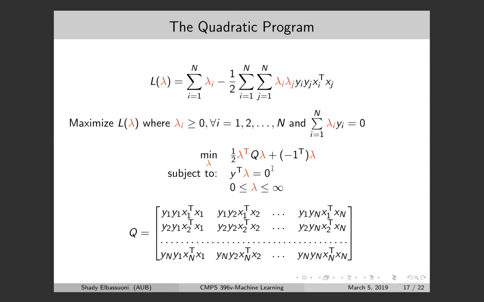Basically, y is a vector transpose, and lambda is a vector. If I multiply them, I do a dot product, that gives me summation from i equal 1 to n lambda i yi. And I have lambda greater than or equal to 0 and less than or equal to infinity, because I know that every lambda i is greater than 0.